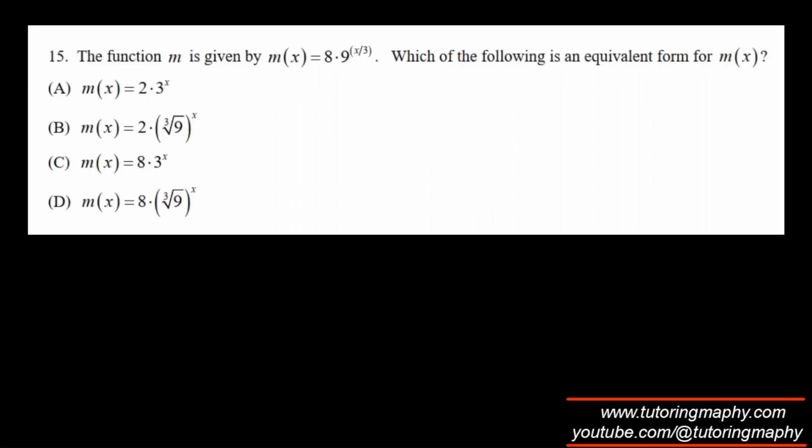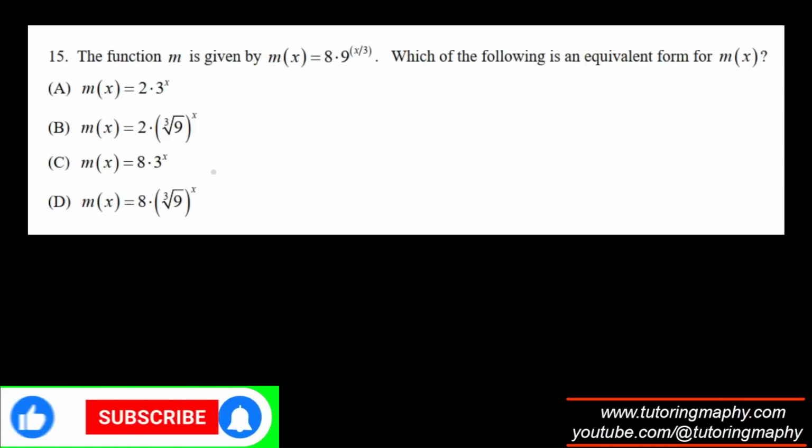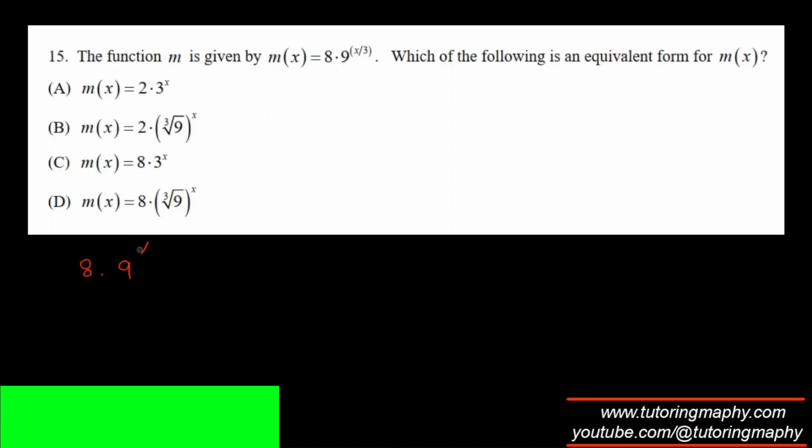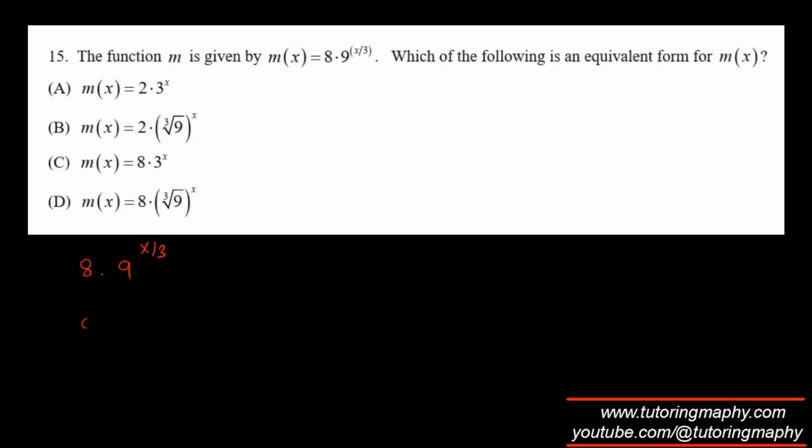All right, last one. We have to find the equivalent once again. Looking at the options, why do I feel like this is the answer? They have not really done anything special. We can see 8 times 9 raised to x over 3. So 8 is 8.